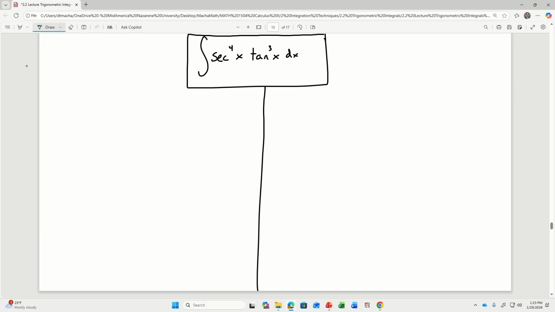On the one hand, I could replace secant squared with 1 plus tangent squared.